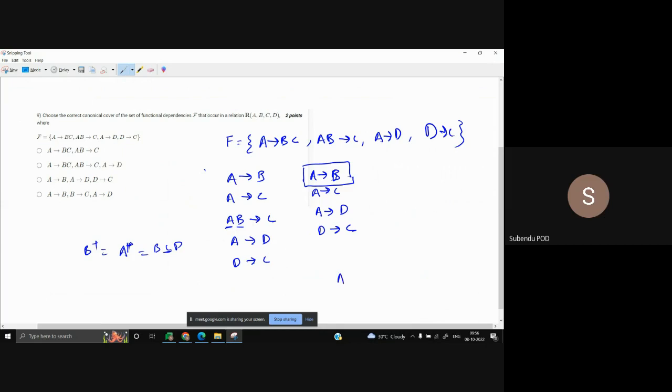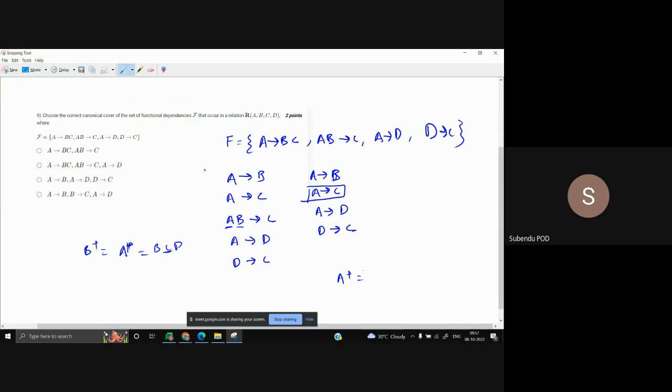B is not there, so this is not a redundant FD. Now we have to find whether A determines C is a redundant FD or not. So how to find it?